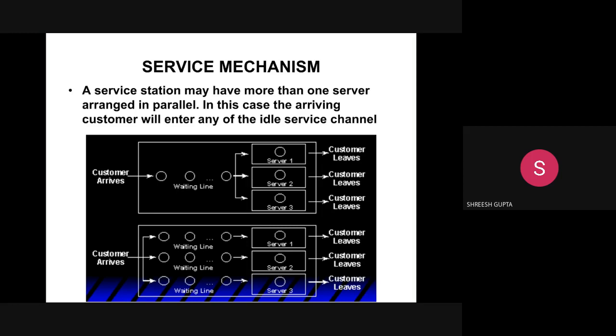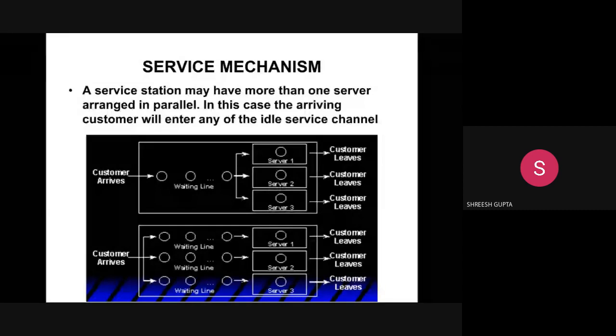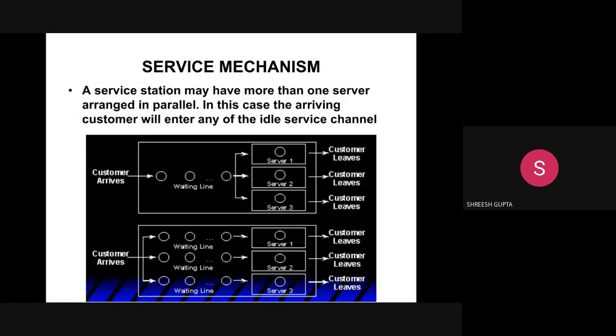If we are talking about more than one server, whether they are arranged in parallel or in series. For example, at the reservation counter, you can choose any line, right? All the servers are equally important. They are parallel. You can take the reservation from any counter.